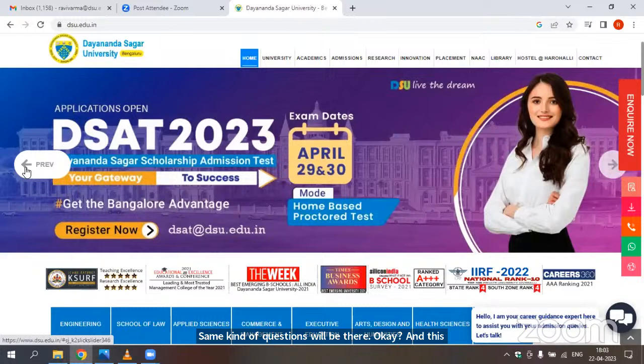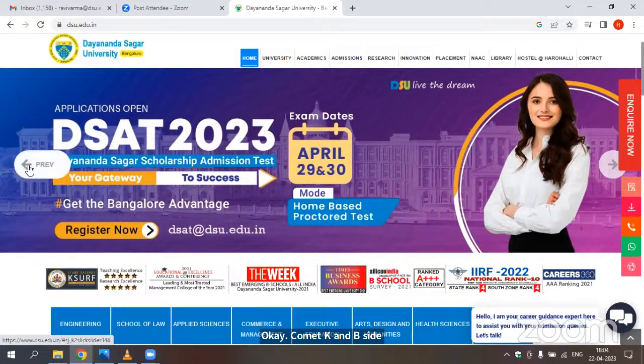What is the advantage of DSAT? By writing DSAT, you will get admission in Dayanand Sagar University. That is one major important thing. If you are coming without an exam and a seat is not available in your hand, the option will be there by writing DSAT. Like Comed-K and DSAT.